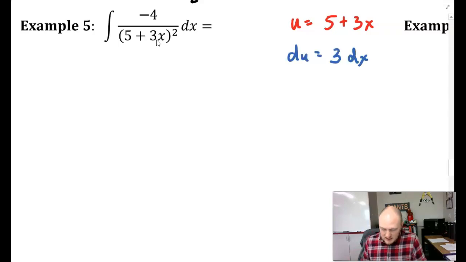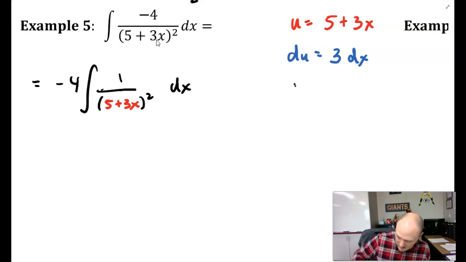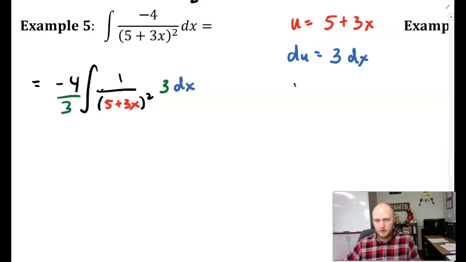So this becomes negative 4 times the integral of 1 over 5 plus 3x to the power of 2 in the denominator. Now I'm missing my 3, so I'm going to add in the 3, and I will balance it with a 1/3. So if you introduce a variable, you better balance it.